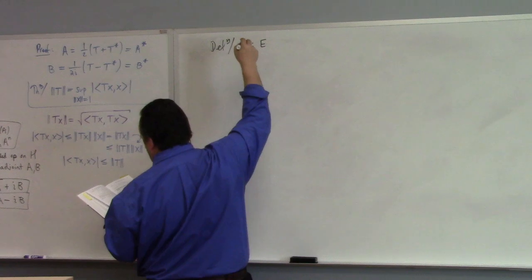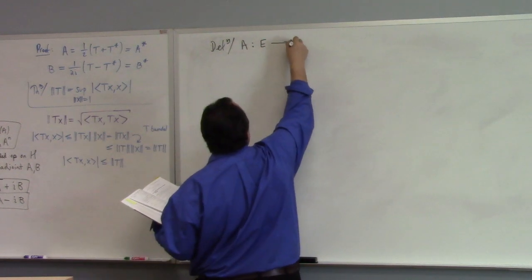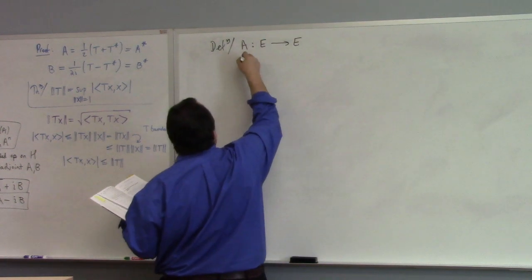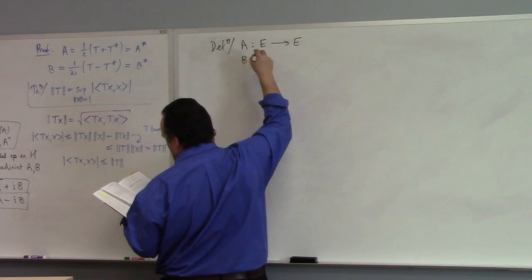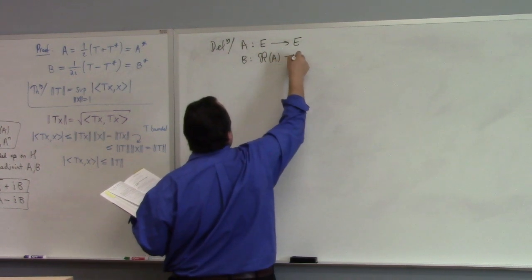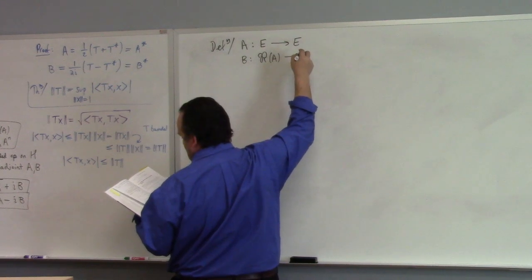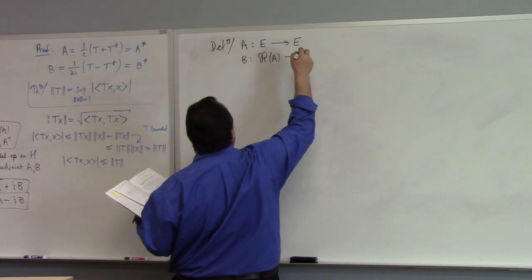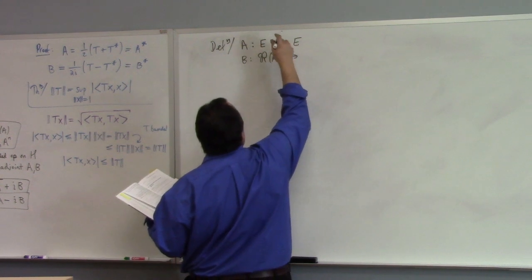So he's like A from E to E, and then you have B from the range of A back to, well, it's not from E either.